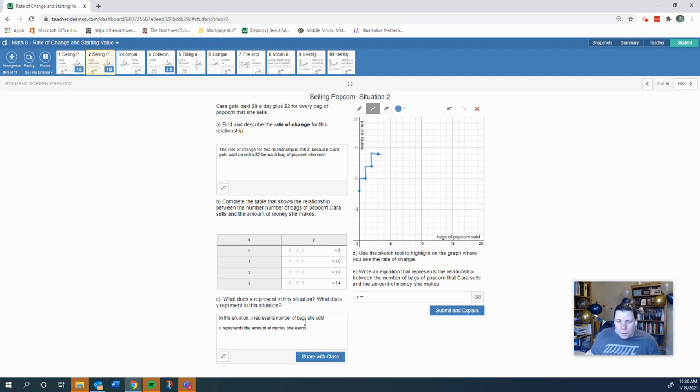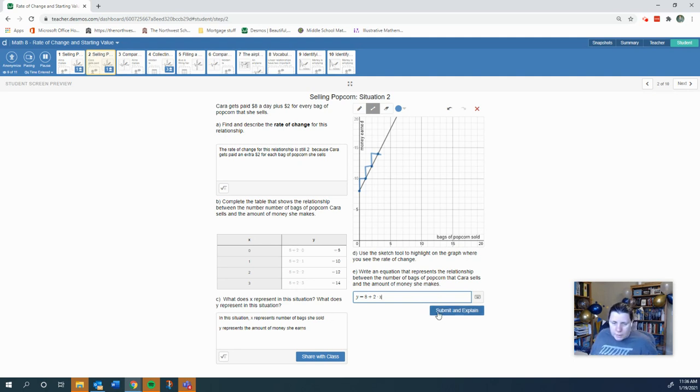Okay. So then the equation is going to be $8 for showing up plus $2 for each bag, and the number of bags is represented by X. So it's going to be 8 plus 2 times X. You don't need to have the multiplication symbol in there. I just made that to be super clear.